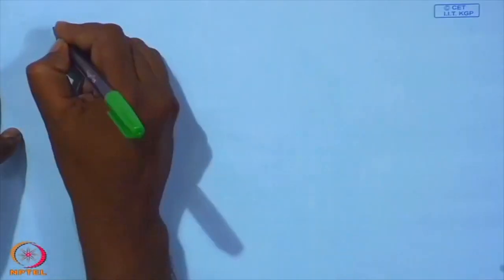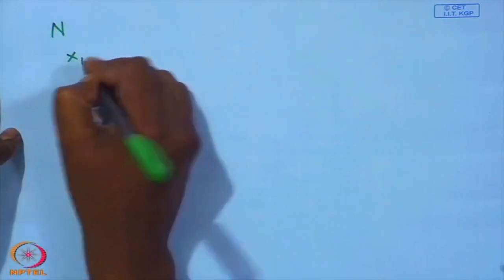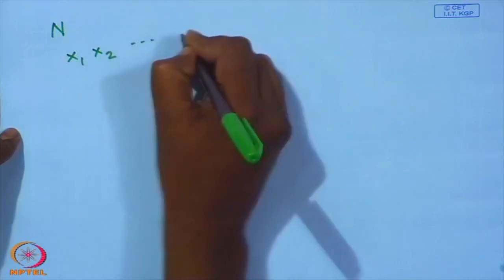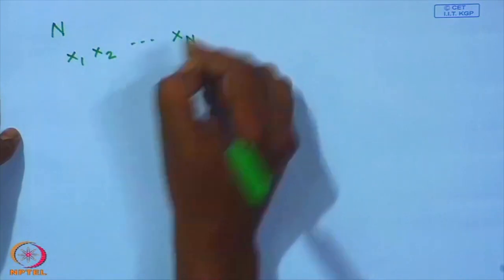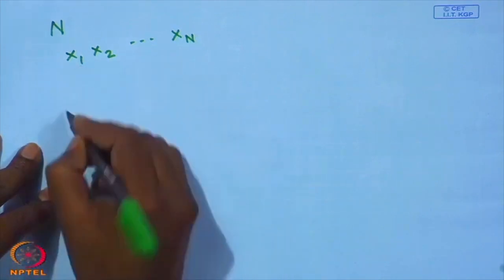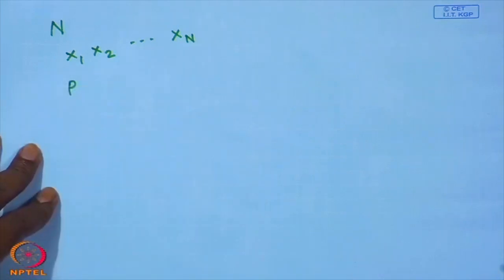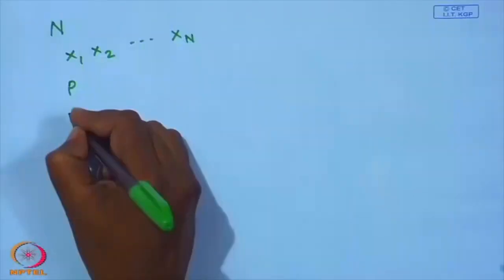So, we are given n training vectors, varying from say x 1, x 2 up to x n, where each of these vectors is of dimension p, and I want to transform these vectors to a vector of dimension capital M.